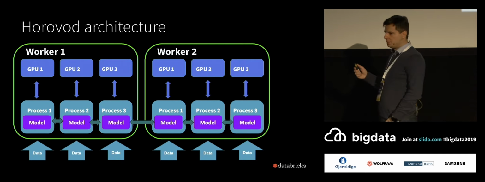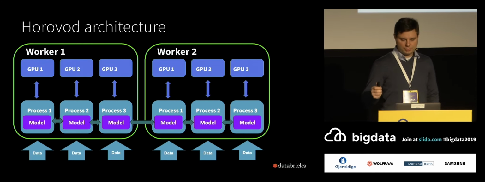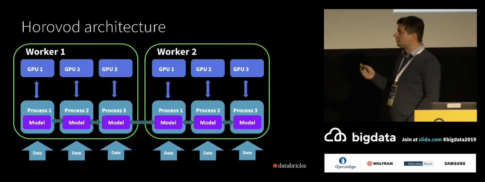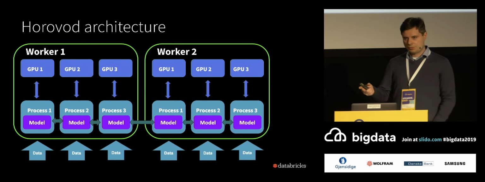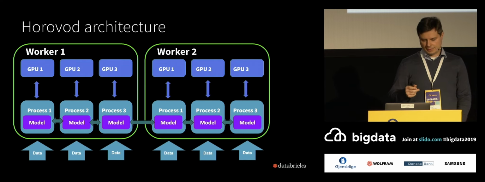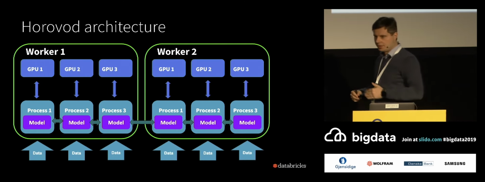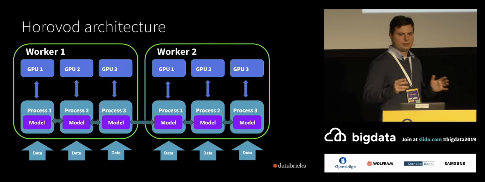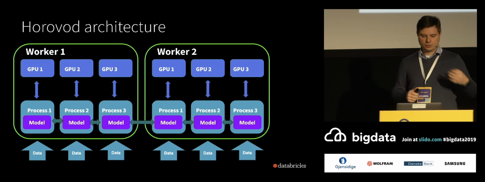So let's discuss a little bit the architecture, how Horovod is working. We can have multiple nodes. Each node can have multiple GPUs. In our case, we have 2 nodes, each of them has 3 GPUs. That's just for the sake of presentation; usually we have 4 GPUs or 8 or even 16. And we have this Horovod function that actually does the training, and Horovod will run this function on each node, actually for each GPU.